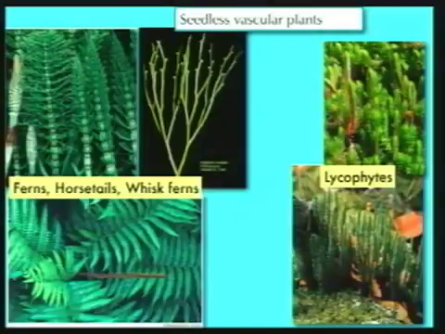Okay, the ferns and relatives are much more diverse. There are about 12,000 species of these, about 10 times more than there are the lycophytes, and probably a lot of undescribed diversity too. Now we single out the horsetails here and the whisk ferns here because it was only fairly recently, within the last 10, 15 years, that it was realized that these are actually ferns.